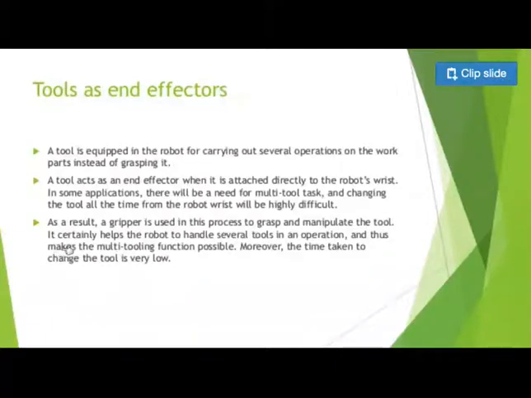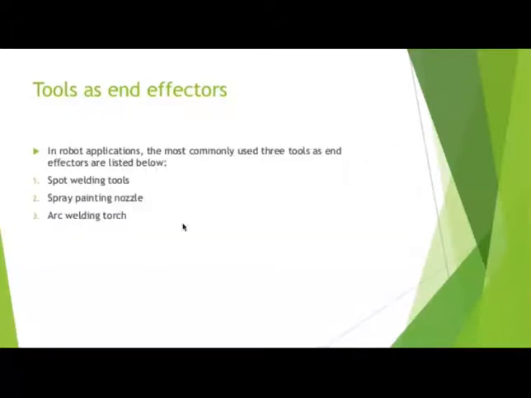It helps the robot handle several tools in an operation, and thus makes multi-tooling functions possible. However, the time taken to change the tool is very long here. In robot applications, the three most commonly used tools as end effectors are spot welding tools, spray painting nozzles, and arc welding torches.